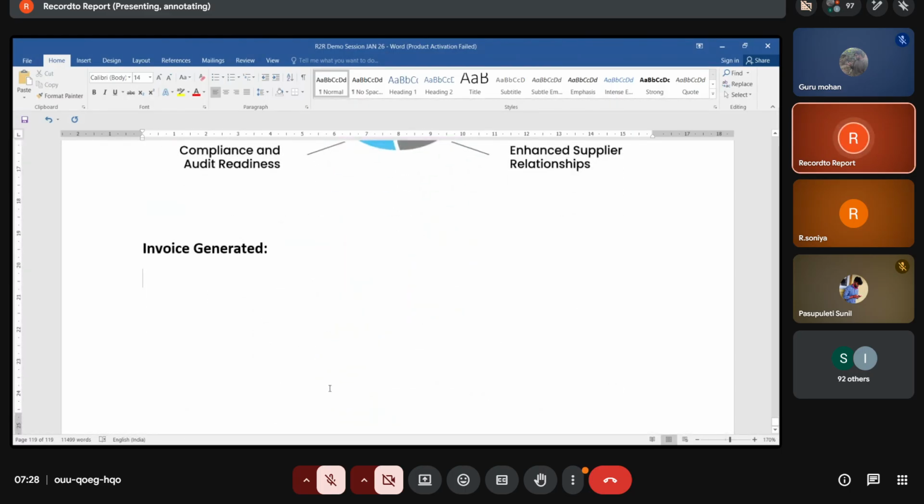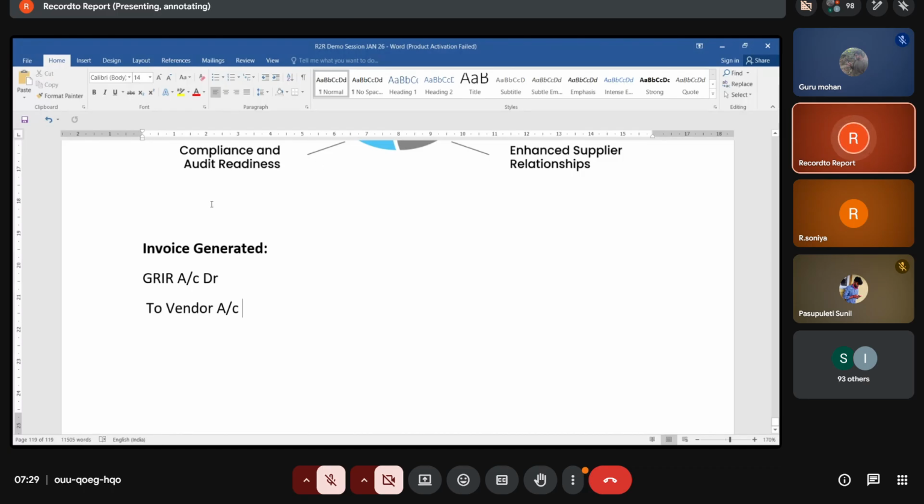Now we can process the invoices. That is, GRIR account debit to vendor account. Final impact will be purchases to vendor only, guys. But why are we booking to the parking account? Why are we booking to the clearing account, guys? To understand any major differences. Guys, understand?